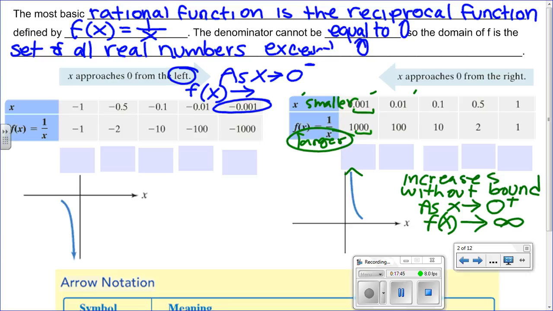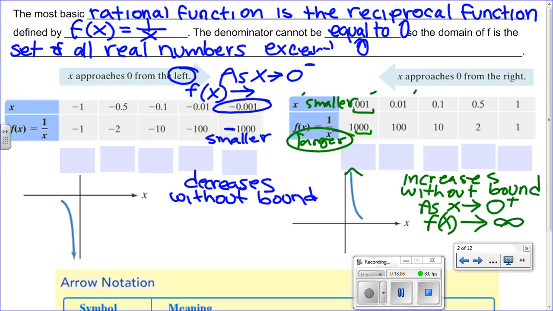Is it getting larger or smaller? Smaller. Smaller because it's getting more negative. Think of that. So it is actually decreasing without bound. And so we say the following. As x approaches 0 from the left, f of x approaches negative infinity.